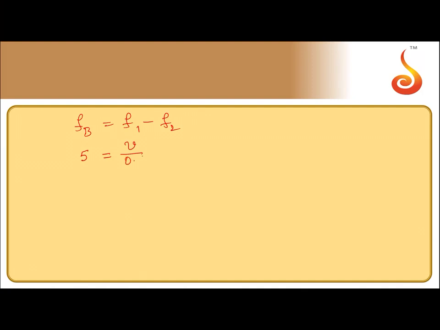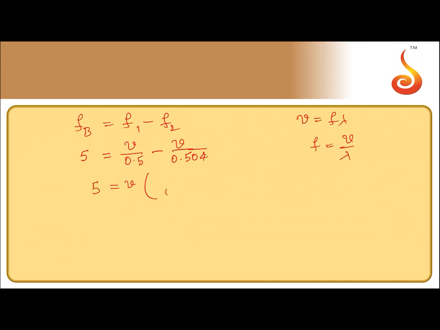So let us say the velocity is v by 0.5 minus v by 0.504. We know that v is equal to f lambda, so f is equal to v by lambda. That is what I have used here. So I can take v outside.